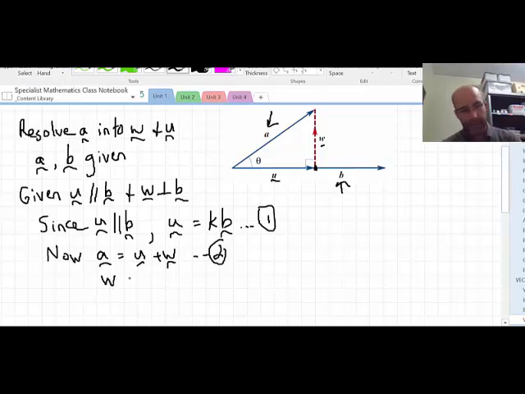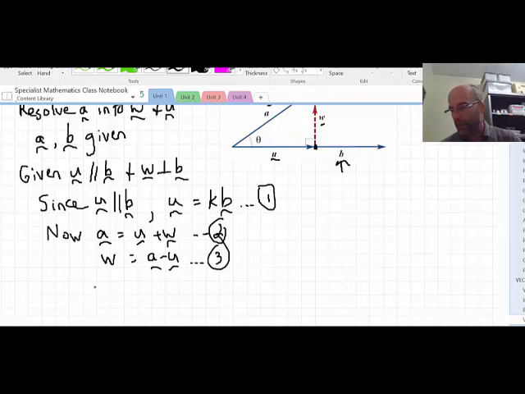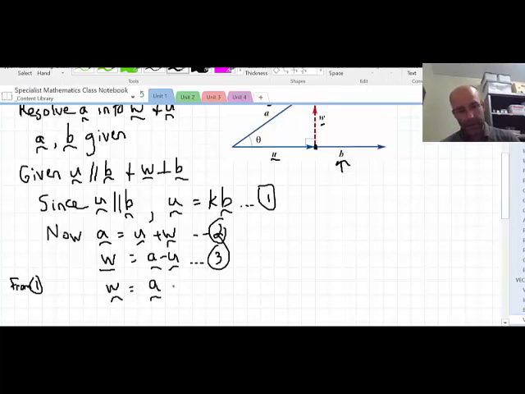W, therefore, is A take U, or A plus negative U. We'll call that 3. And from result 1 above, W would also equal A take KB, because we can replace U with KB.